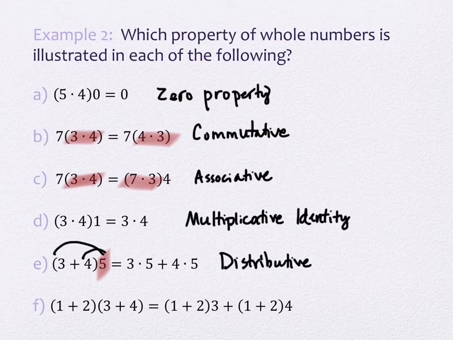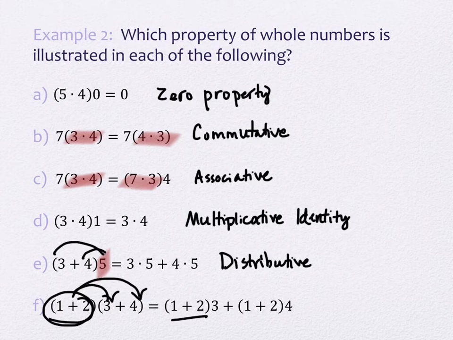So what property do you see there or think you maybe see there? It is distributive. Good job. So what they've done is they've taken this entire thing and they've distributed it to the 3 and distributed it to the 4. So you see the 1 plus 2 times 3, 1 plus 2 times 4. So this is a distributive property as well.